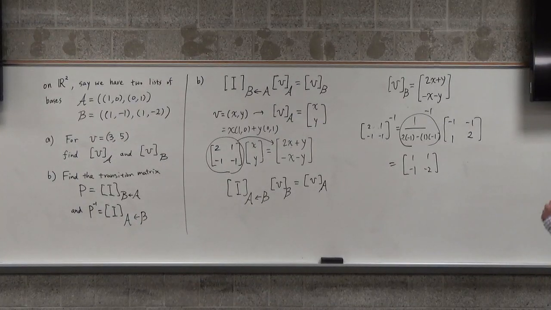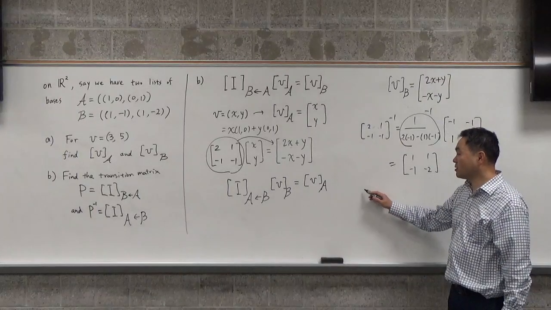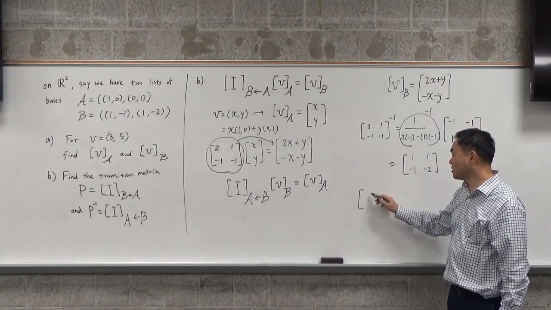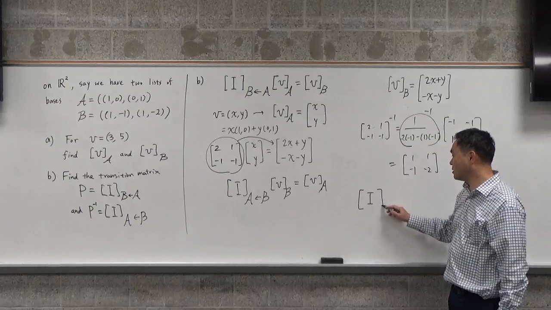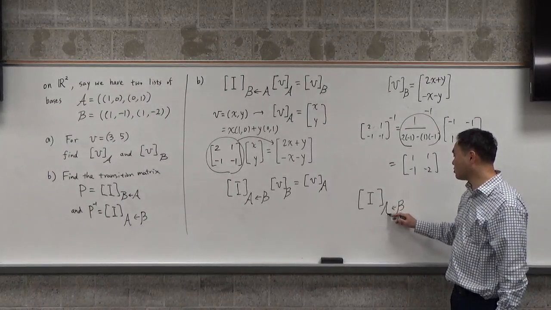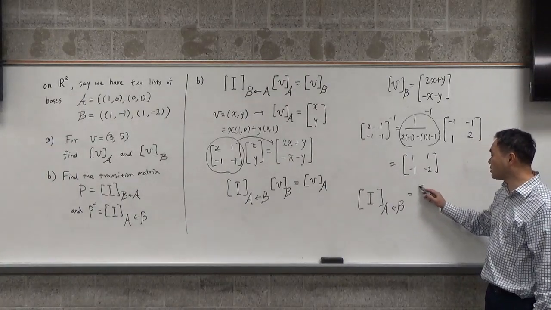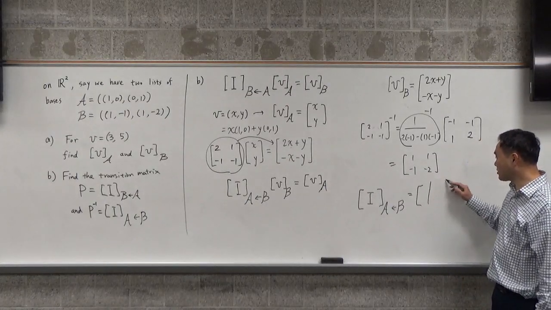Oh, so you realize something. So here's the punchline that we just observed. See, if I want the matrix B going to A, it's made up of these column vectors.